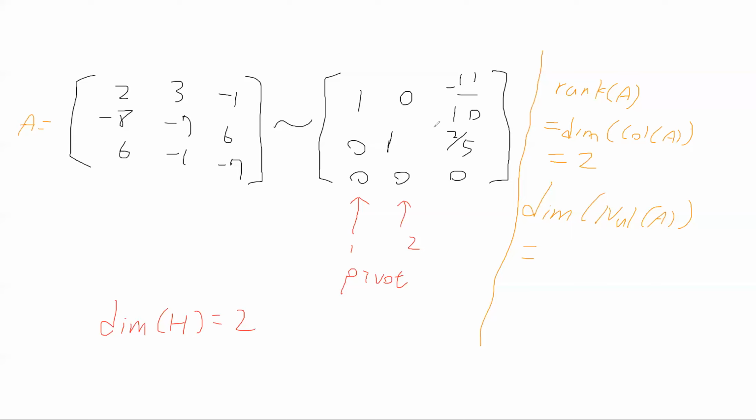You take the number of columns, we have 1, 2, 3 columns, and subtract the rank. So 3 minus 2, which is 1. Or another way to look at this is the number of non-pivot columns will tell you the dimension of null space. And pivot columns tell you the rank.